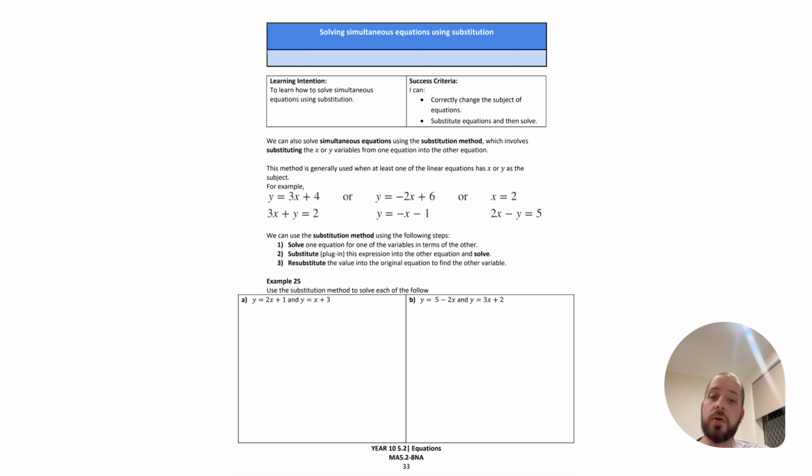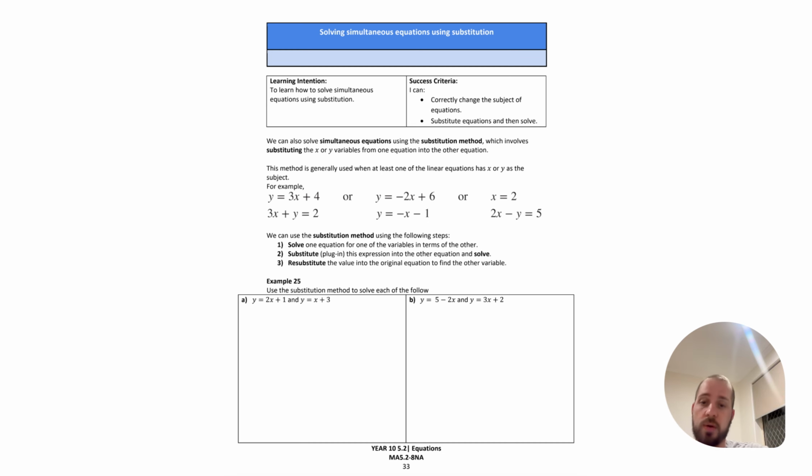The subject for both equations is y. So therefore, we can substitute 2x plus 1 into the y on the right-hand side of our page. So our new equation becomes 2x plus 1 equals x plus 3. That way, we are able to get the same subject in the one question. So now we're only solving for x, and we can use simple algebra to solve for x.